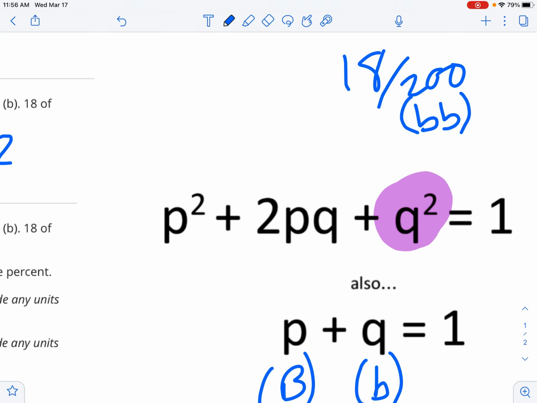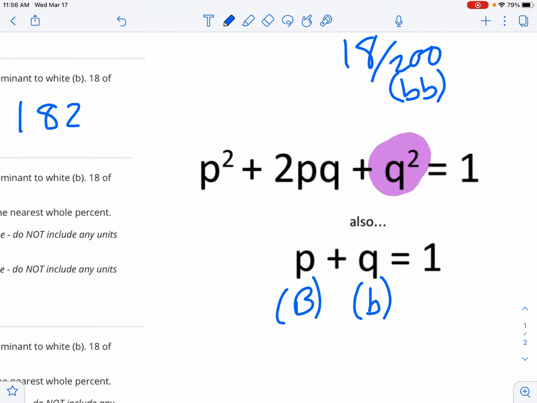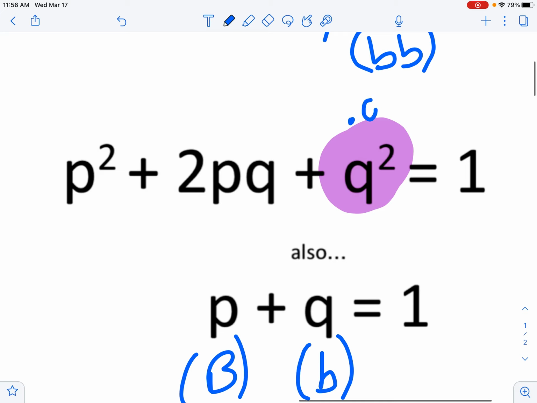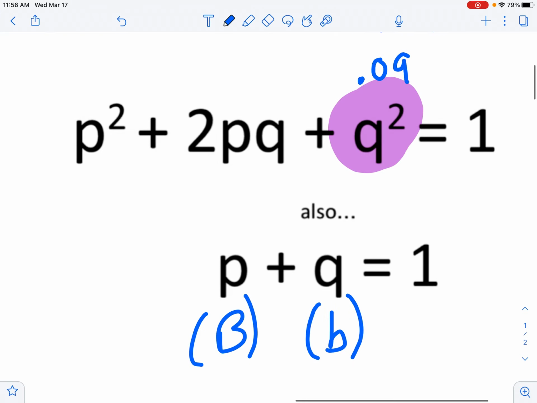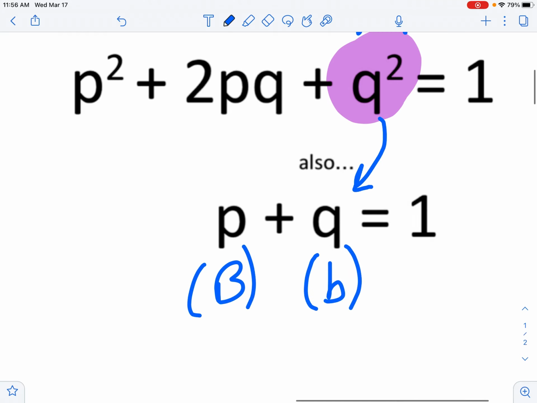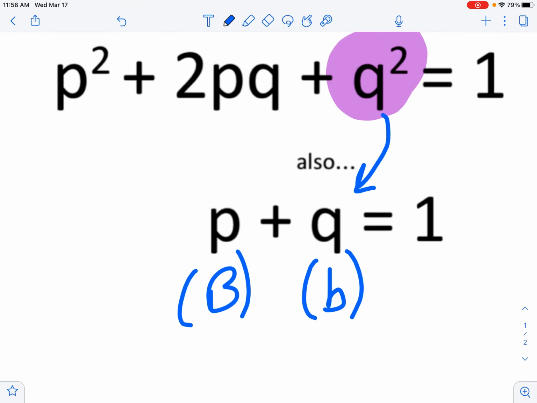18 divided by 200 is 0.09, so 0.09 is my q squared value. I have to unsquare that to get to q, so I take the square root of 0.09 and get 0.3.